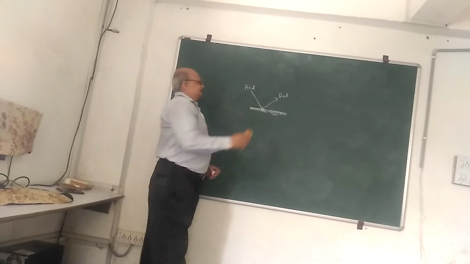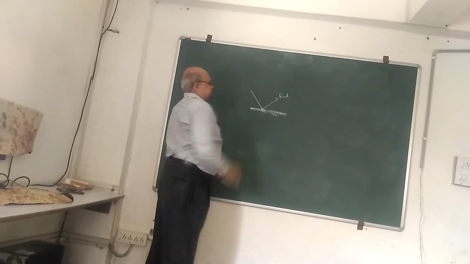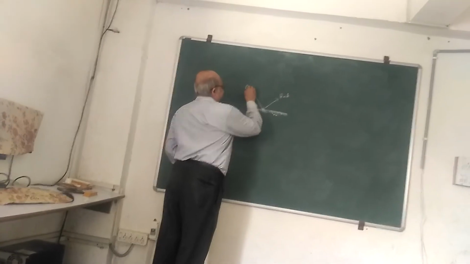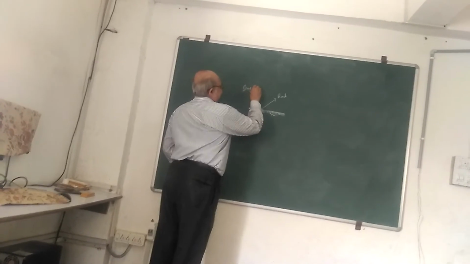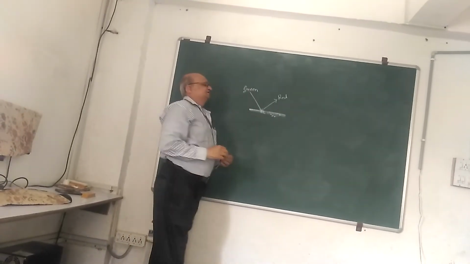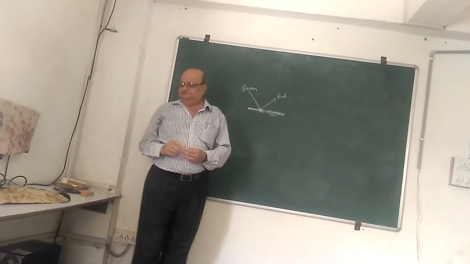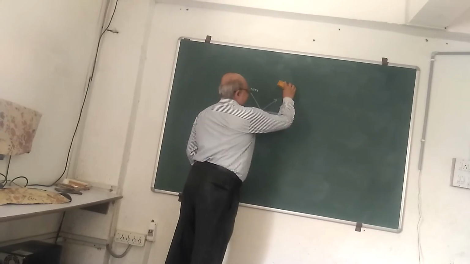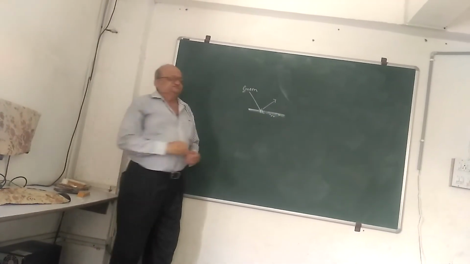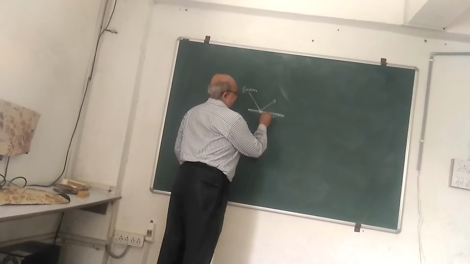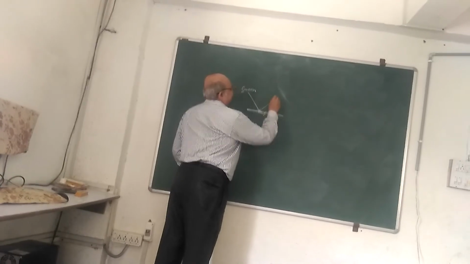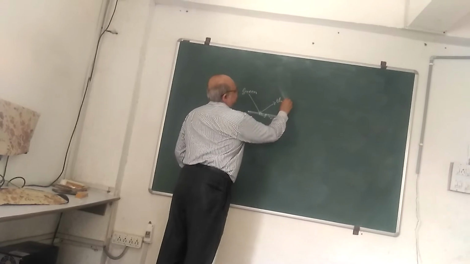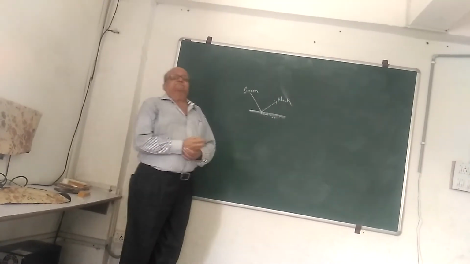But instead of red, if we make incident a pure green light, remember I am talking about a pure green light, then the object will not appear red because the green light will be absorbed here, the object will appear black.